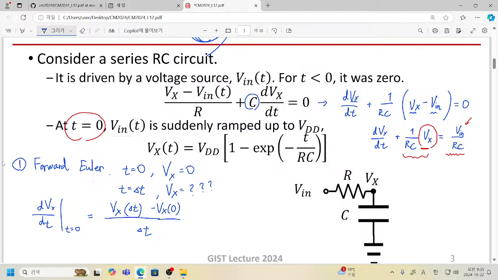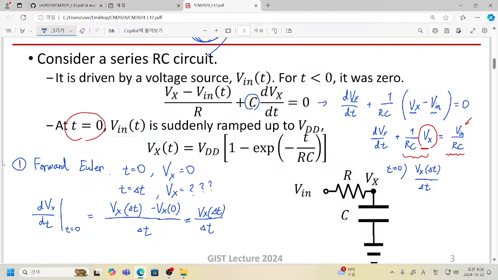So simply speaking, from its initial condition, we will have Vx at delta t divided by delta t. That will be the discretized form of our equation. So then let me just apply it to this equation. Then when t equals 0, its discretized form of time derivative is simply given as Vx at delta t divided by delta t. So are you with me?